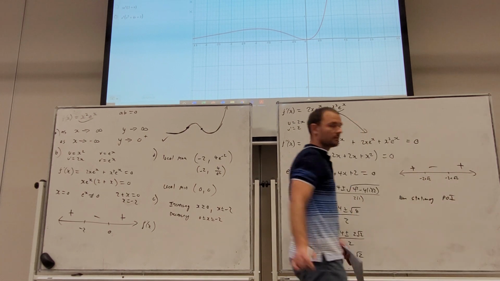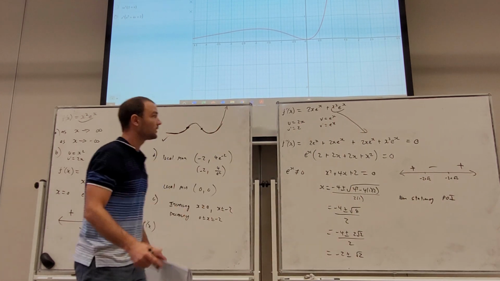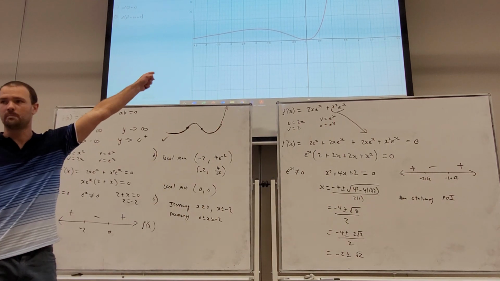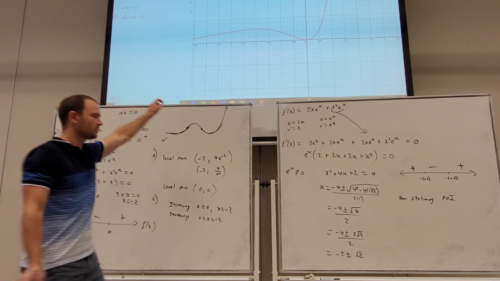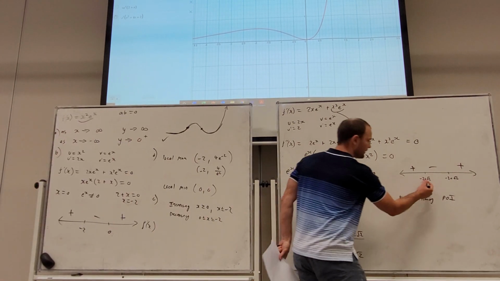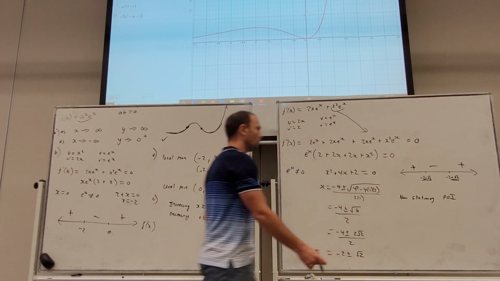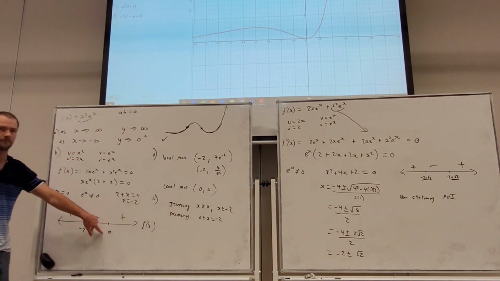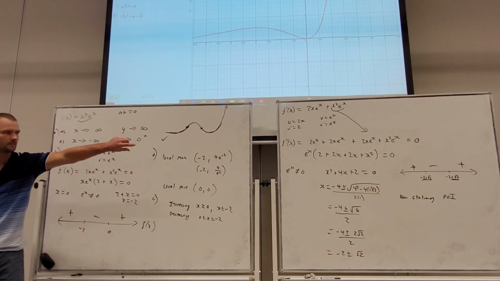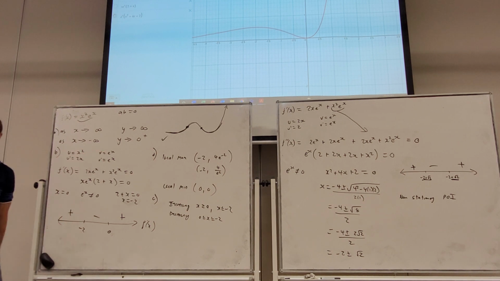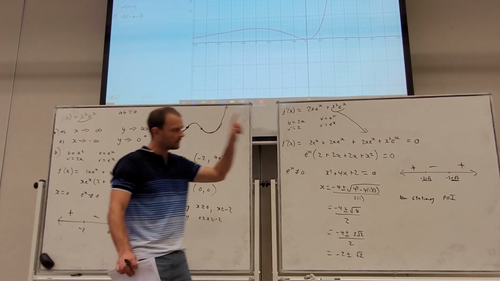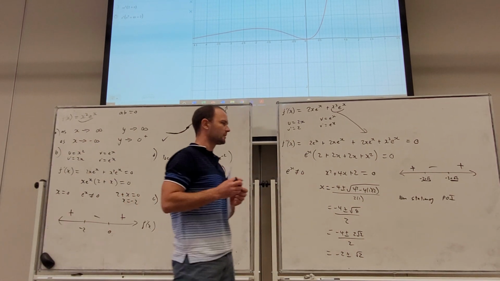And we can see that in 2 ways. Firstly, visually, the slope is not horizontal at points of inflection. And the second way is that none of these roots occur on the first derivative. If they occur on the first and the second derivative, then they're stationary. But because they only occur over here, they're what we call non-stationary.